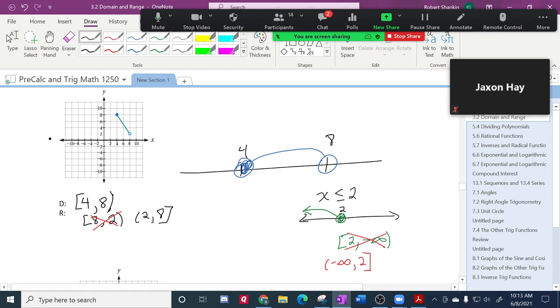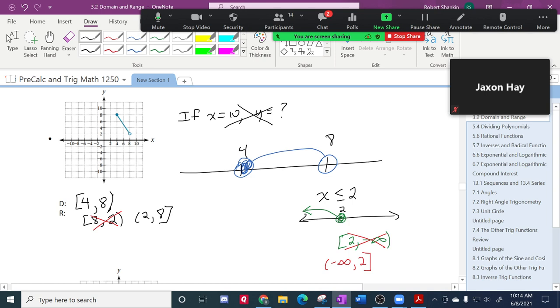Now, in case you're a little lost, where in the world are these coming from with regard to this? Let me just run through a couple things. If x is 10, y is what? Well, how do you answer that question? You go over to 10, and then you go straight up or straight down, and there's no answer. This is impossible. You can't answer that if this is what's here.